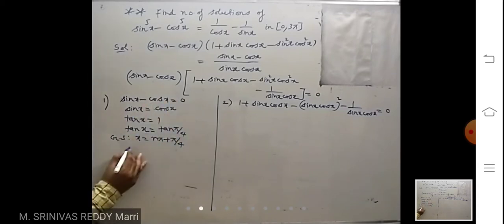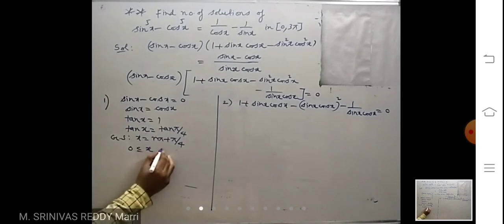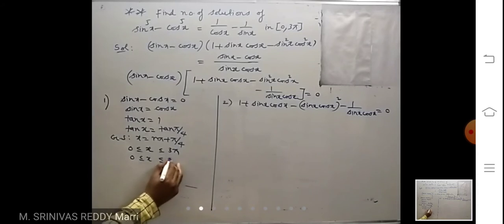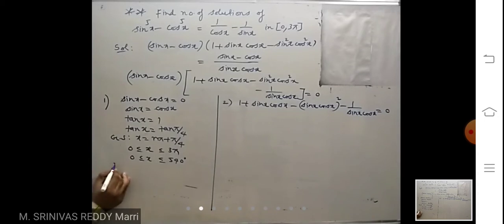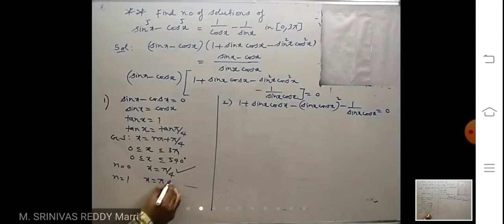Now you have to find the solutions between 0 to 3 pi, that means 0 to 3 into 180, that means 540 degree. Now n equal to 0: x is pi by 4, this is one solution, 45 degree. N equal to 1: pi plus pi by 4, this is 180 plus 45, 225 degree. This is also one solution.